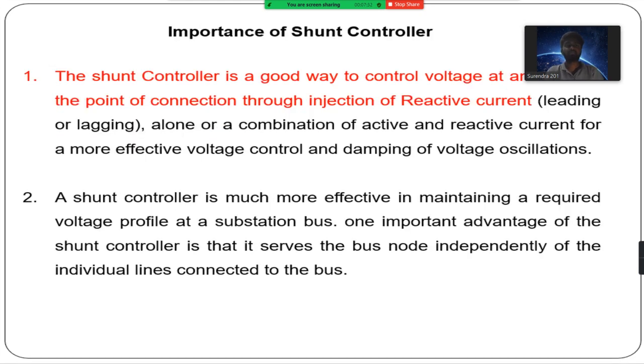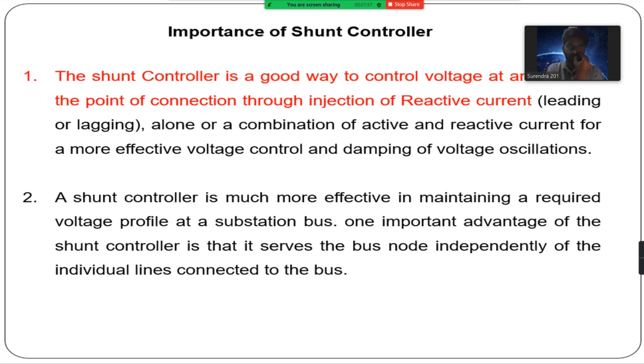Then, what is the importance of shunt controllers in our daily life? These controllers are a good way to control voltage at any point of connection through the injection of reactive power alone, or a combination of active and reactive current, for more effective voltage control and damping of voltage oscillations.